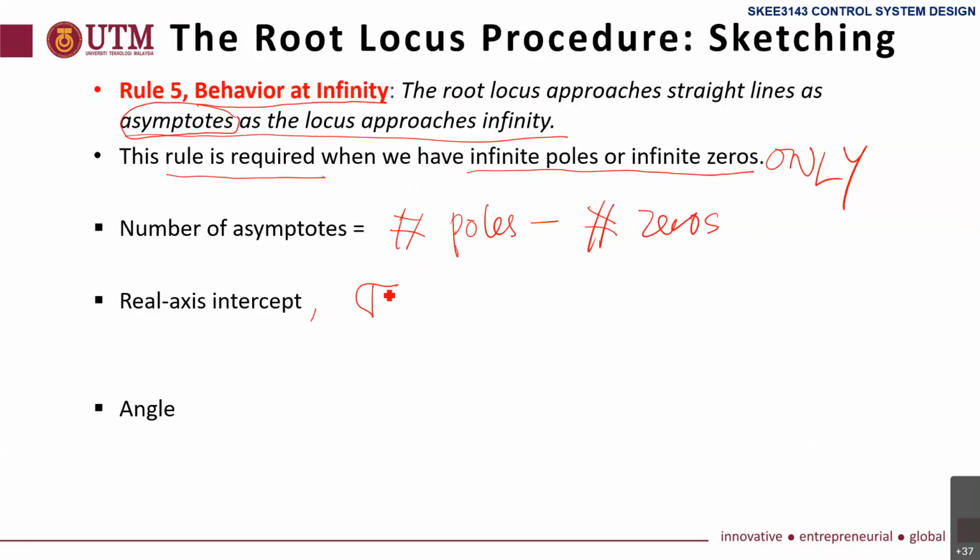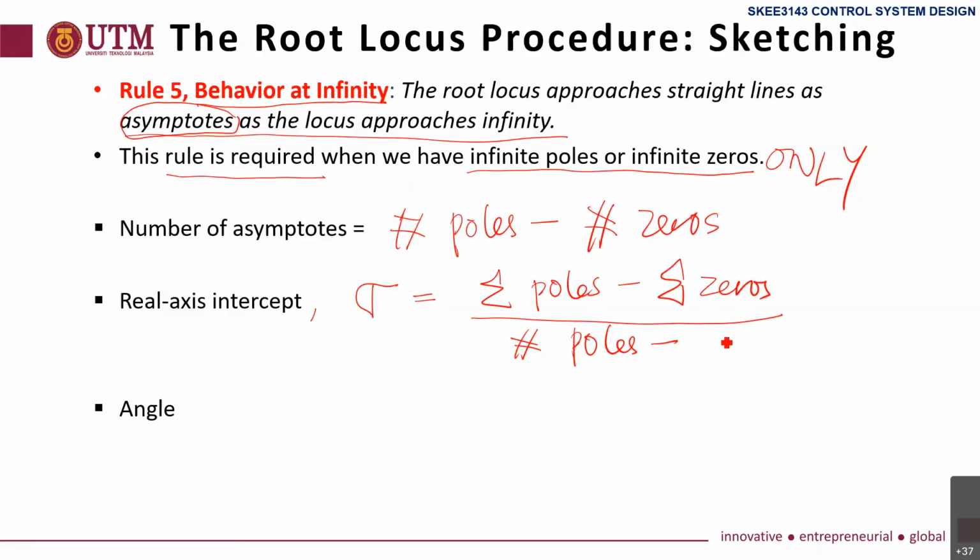Normally we show by sigma. Sigma equals total poles minus total zeros, divided by number of poles minus number of zeros.